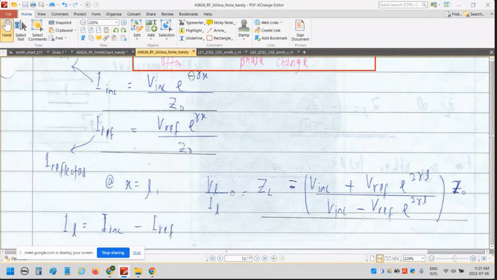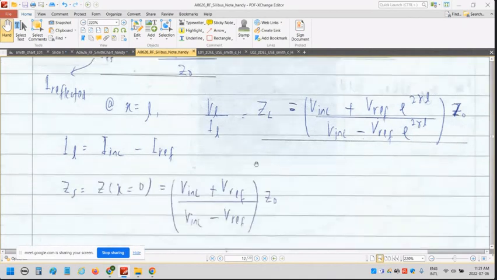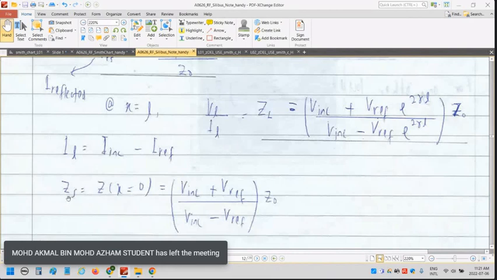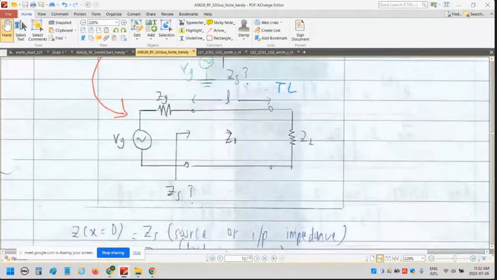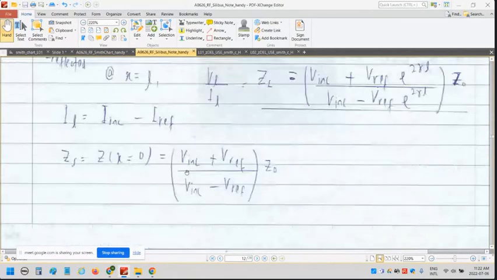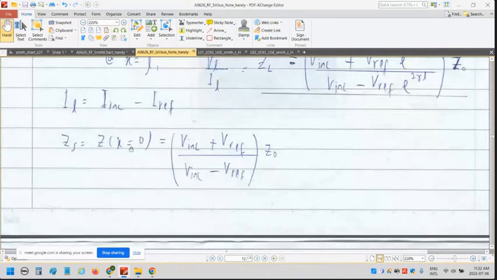Okay, next. For this case here is the source. The source is at Z equal to 0, where is the Z? Here, the source location Z equals 0.